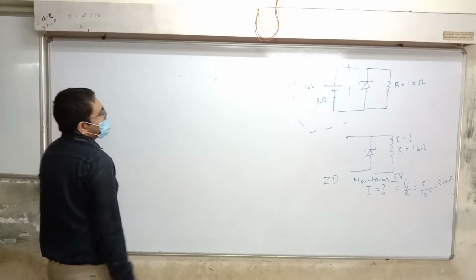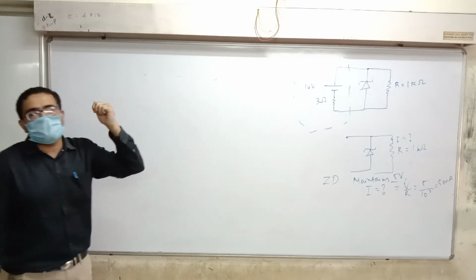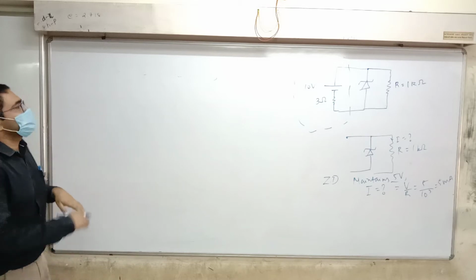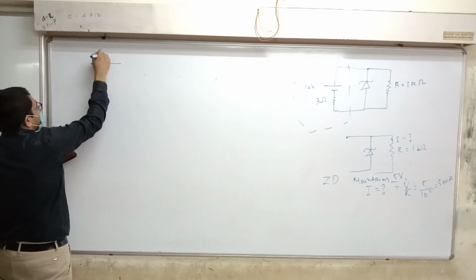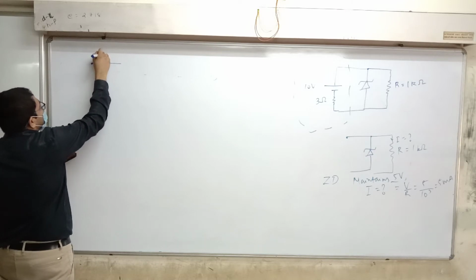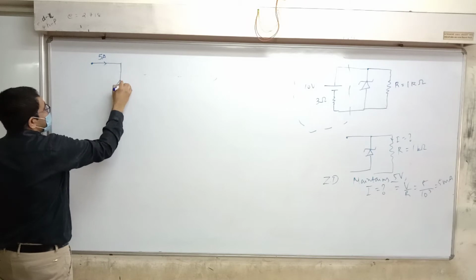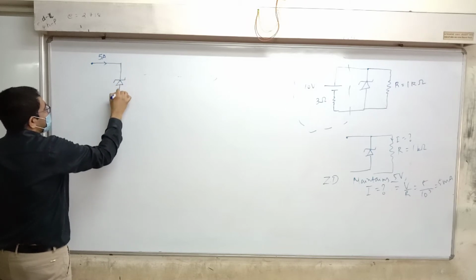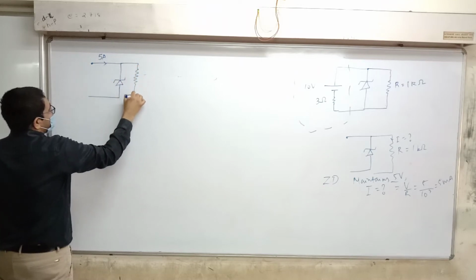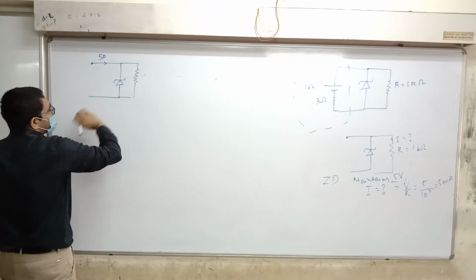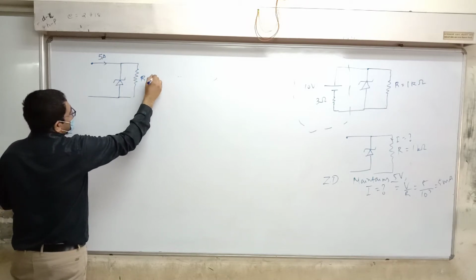Conversely, you can try and find out how much current passes through the Zener diode also. If such a question is possible, then try this one. Suppose here 5 ampere current is flowing, and here is a Zener diode. Over here you have connected something to protect, let's say with a resistance of, for example, 2 kilo.